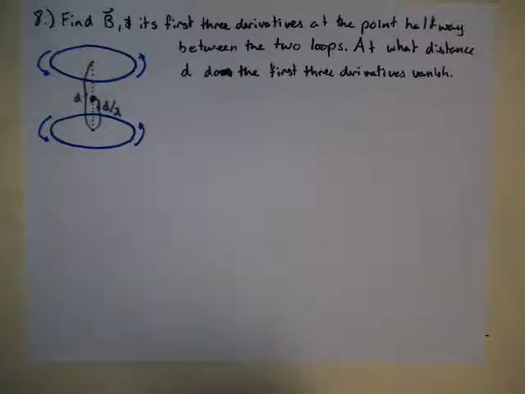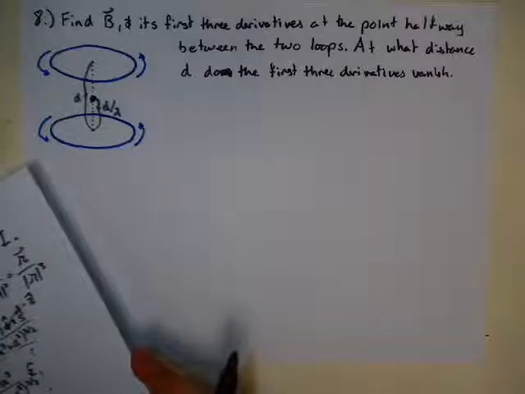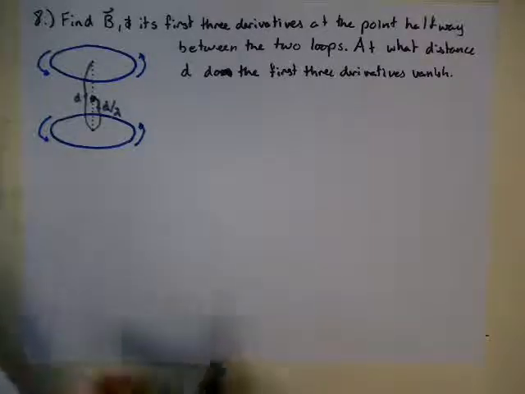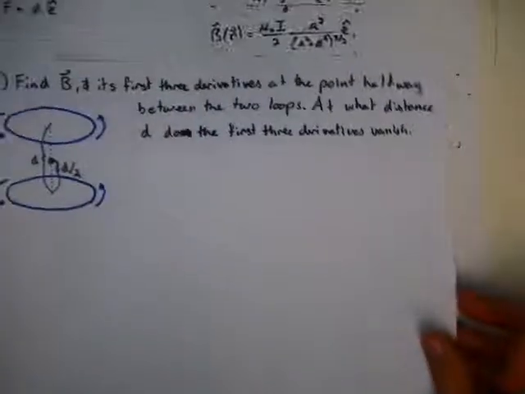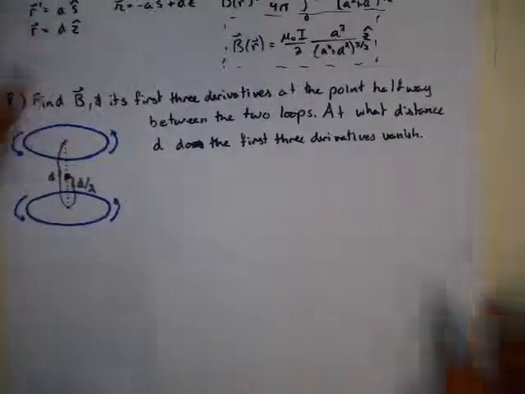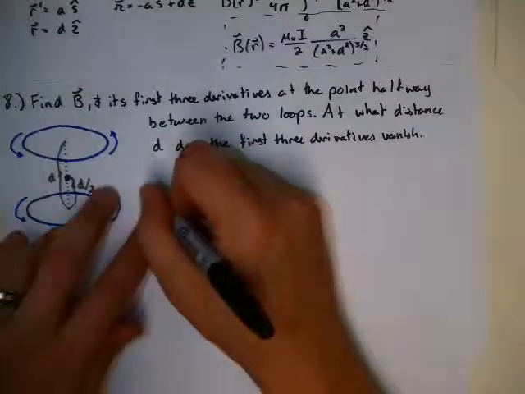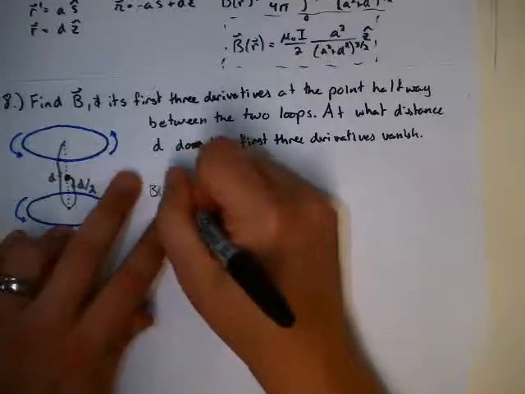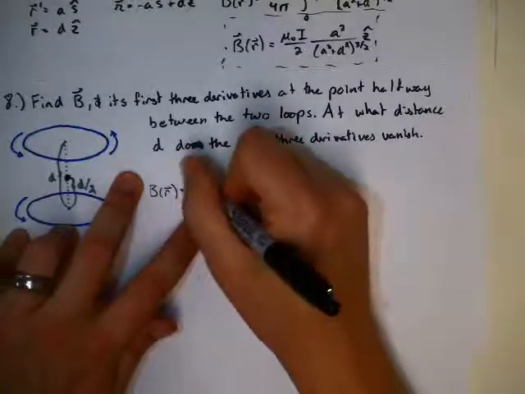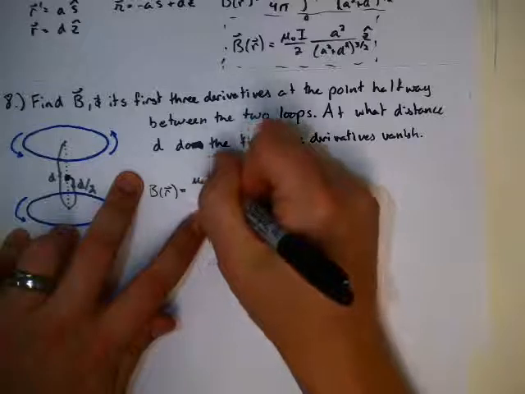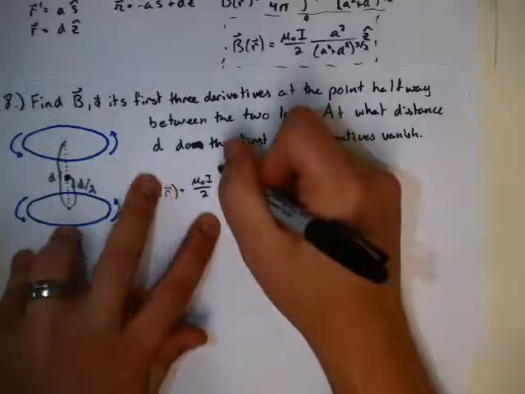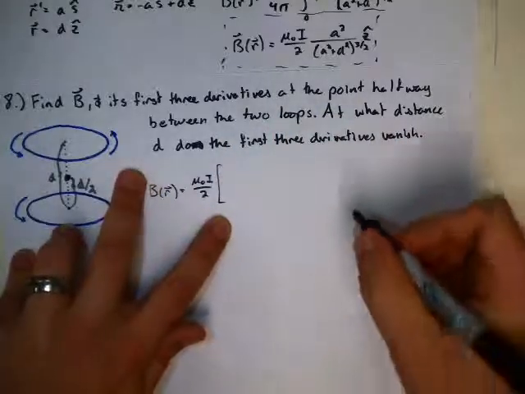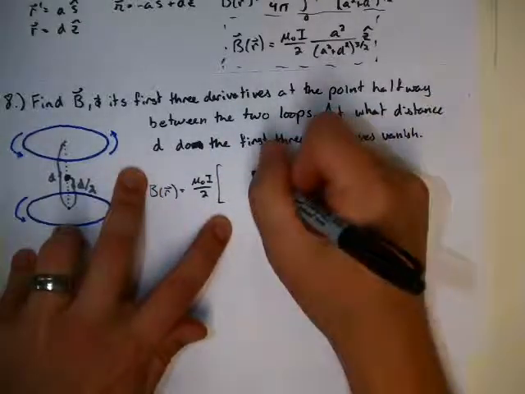Now, in order to do this, we've already done the magnetic field for a single loop. That was in problem 6, so we're just going to use that again. And so, copying that down here, we're going to get the magnetic field B as a function of R is going to be mu naught I over 2 times, and now we're going to have to be a little bit creative here.